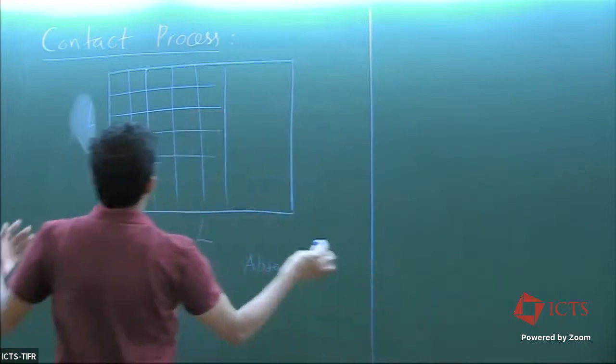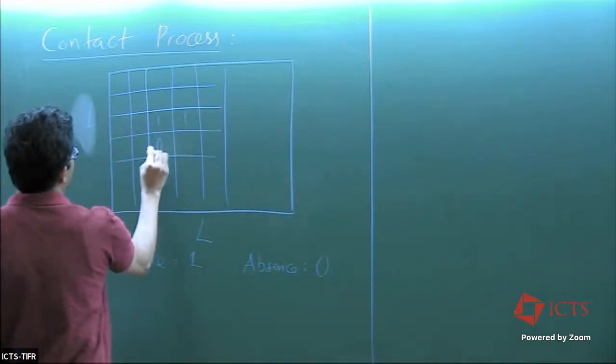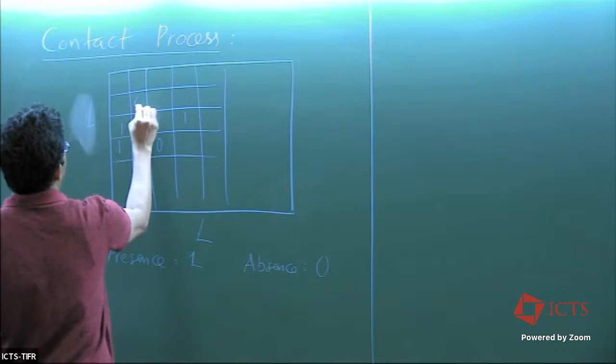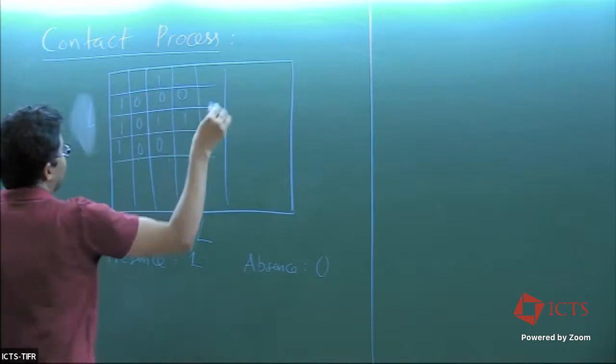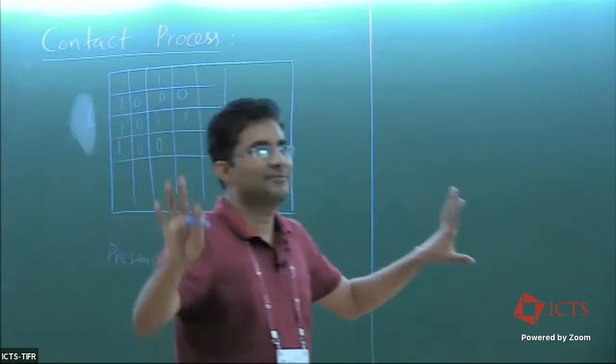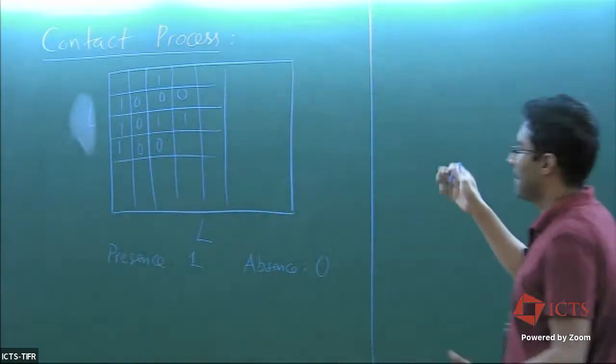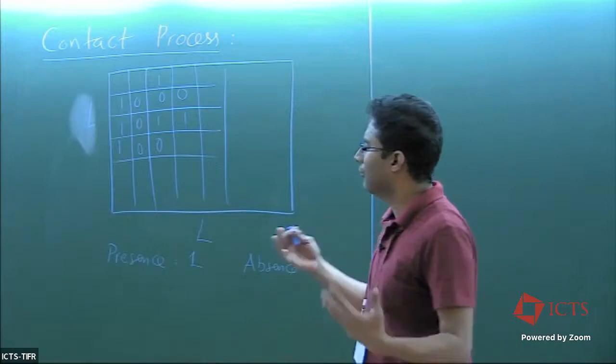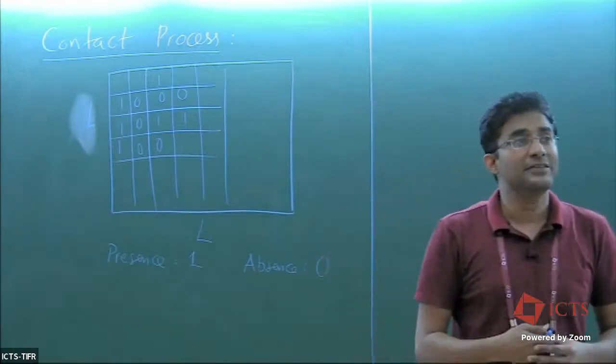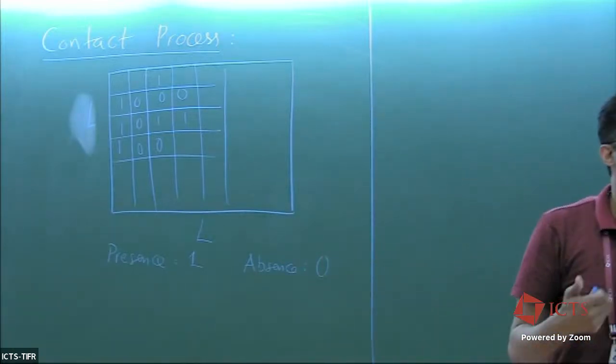Let's say I have assigned some values, and 1 corresponds to presence of an individual and 0 is absence of an individual. Okay, now based on this, we define in this landscape a birth and death process.